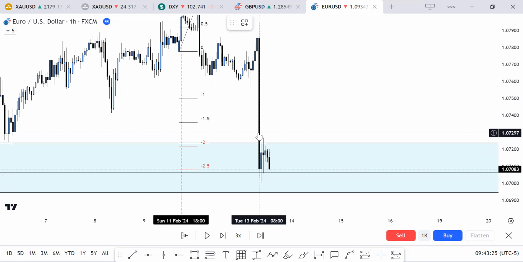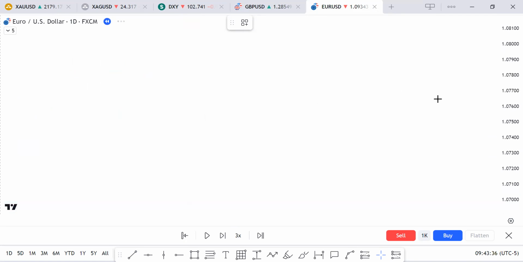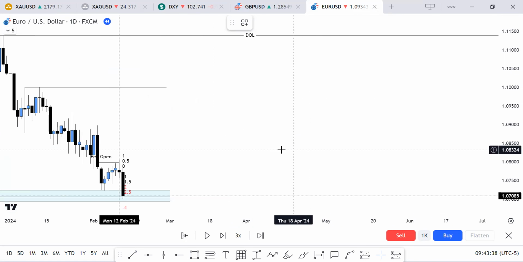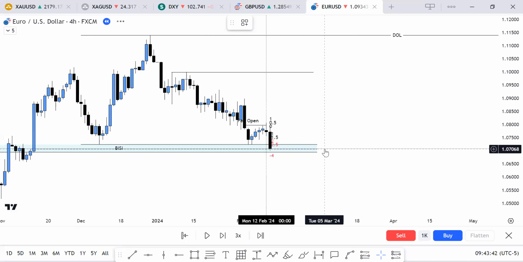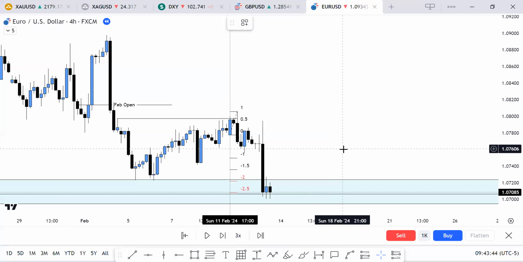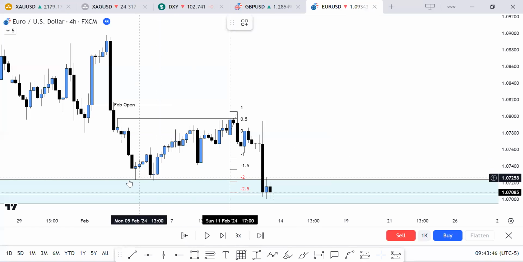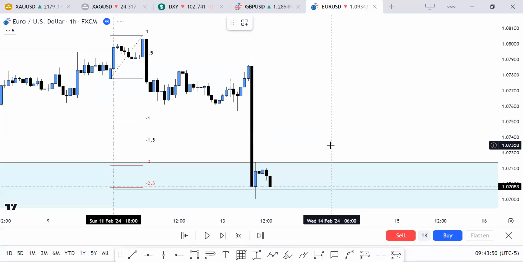Okay, we have the price in our key level at a nice day and time. But what do I want to see? Yes, it's a nice big thick candle in daily time frame. This is what I generally want to see: a liquidity sweep with a pressure move.